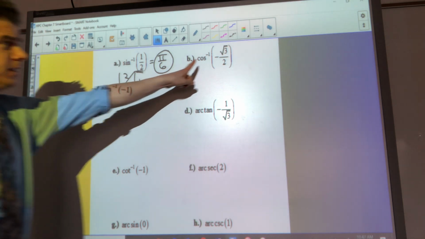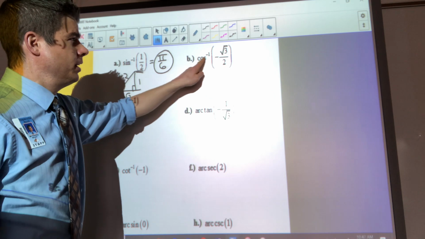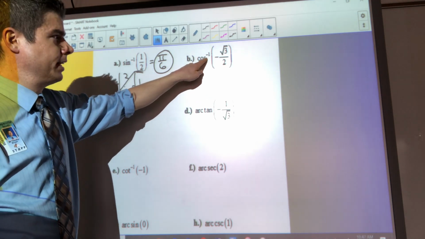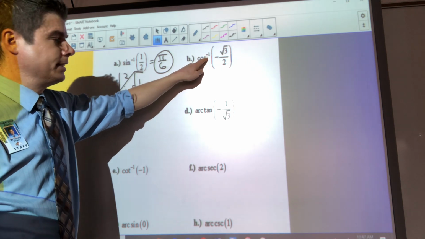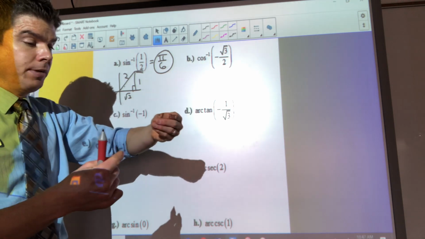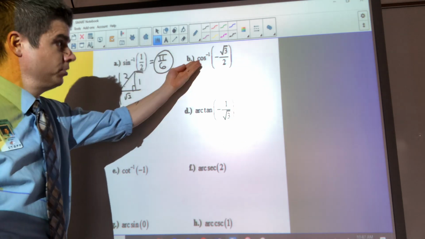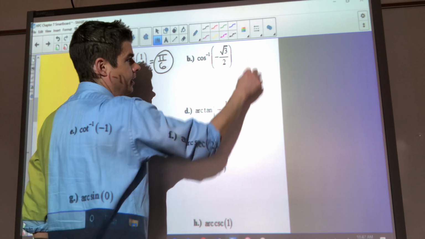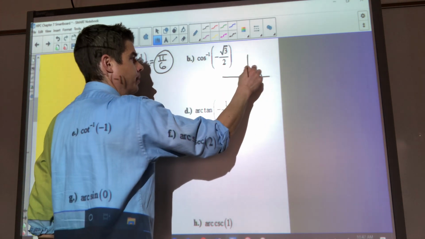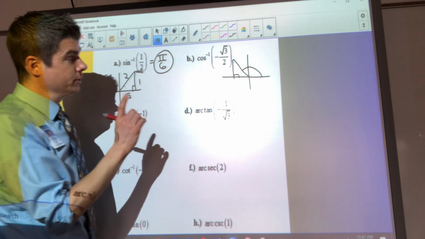Okay? Here's our first negative. Inverse cosine of negative root 3 over 2. And notice how I said this, inverse cosine. Don't say cosine to the negative 1, because that's not what this is. A negative 1 power would have meant do the reciprocal, which is secant. So arc cosine or inverse cosine of negative root 3 over 2. It's a negative cosine. It belongs in quadrant 2. That's where negative cosine ratios would be drawn.